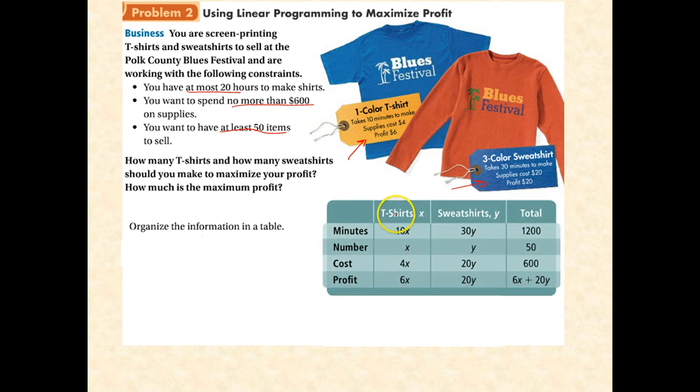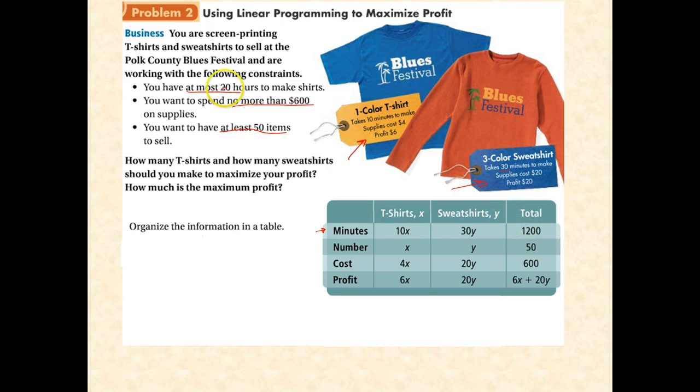Here's our table. We've got t-shirts and sweatshirts. We're going to call t-shirts x and sweatshirts y. We know that it takes time to make these shirts. 10 minutes to make a t-shirt, so 10 minutes times the number of shirts. Sweatshirts are 30 minutes each, so 30 minutes times the number of sweatshirts. And those can add up to 1,200. What does the 1,200 mean?